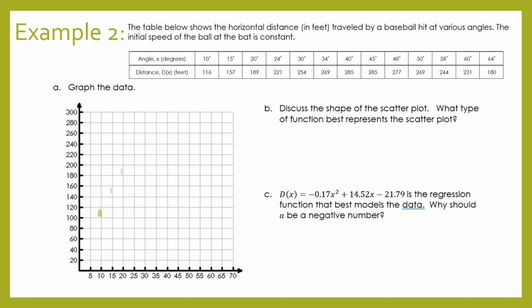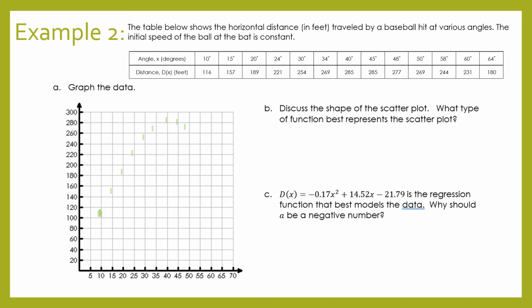24, 221. Okay, about right there. 30 is 254. 34 is 269. About right there. Then at 40, we have 285. And then also at 45, 285. 48, it's starting to come back down a little bit, so that's 277.